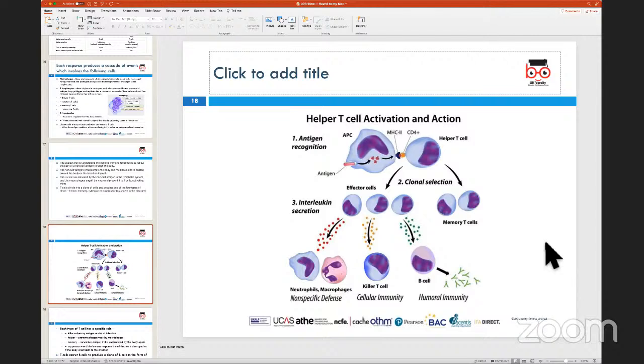The antibodies, depending on the type of T cells fighting the pathogen, either cytotoxic or, in some cases, suppressor T cells or memory T cells, then go and fight the pathogen, and that stops the spread of infectious diseases in your body.